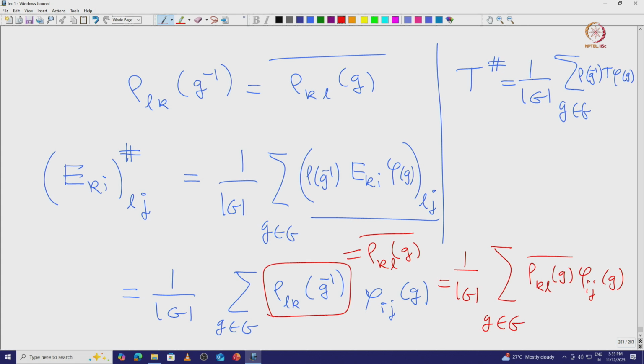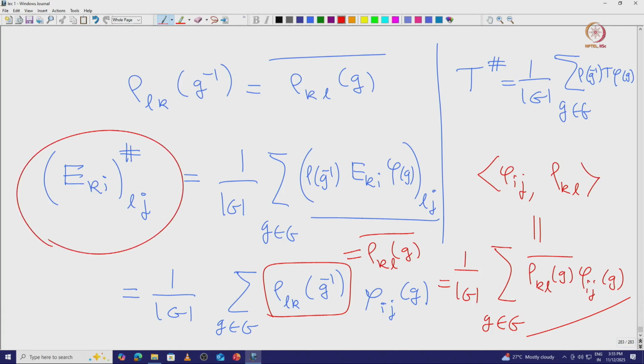Now, if you think about it, this is exactly the definition of the inner product of phi ij and rho kl. So, the ljth entry of this T hashtag is nothing but the inner product of phi ij and rho kl.